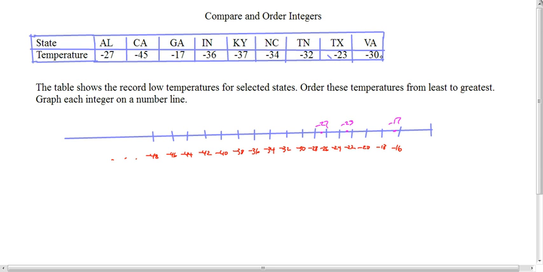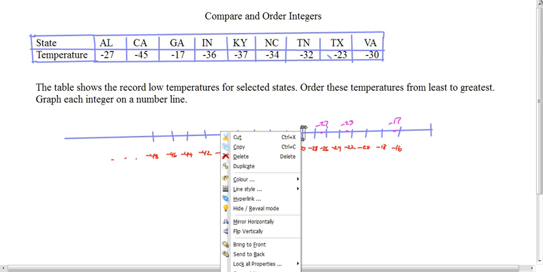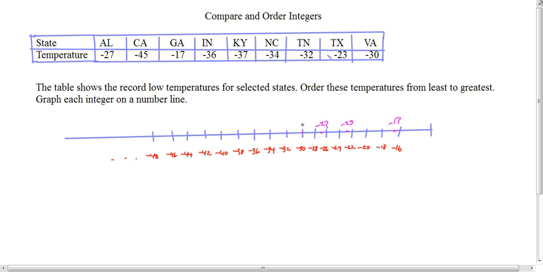Then I see a -30. So there's my 30. Let's put a dot here and call it a -30. And I see a -34. I see a -36.